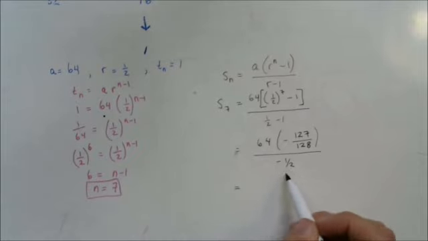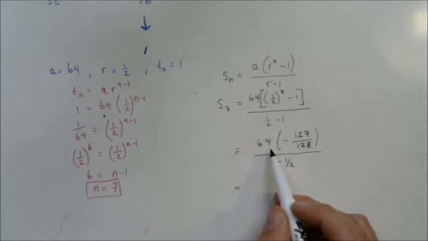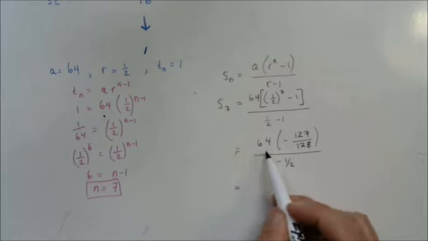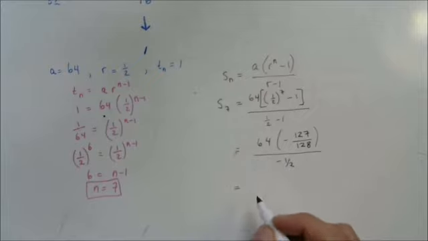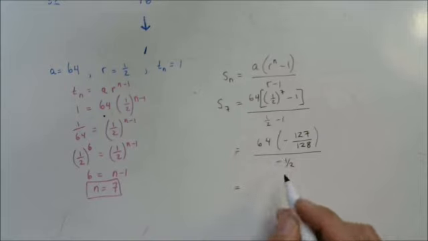Dividing by 1/2 is the same as multiplying by 2. So I could say that this is 128 times negative 127 over 128. Well, if I have 128 here and 128 here, those guys cancel out. Maybe I'll write that step. Dividing by 1/2 is the same as multiplying by 2.